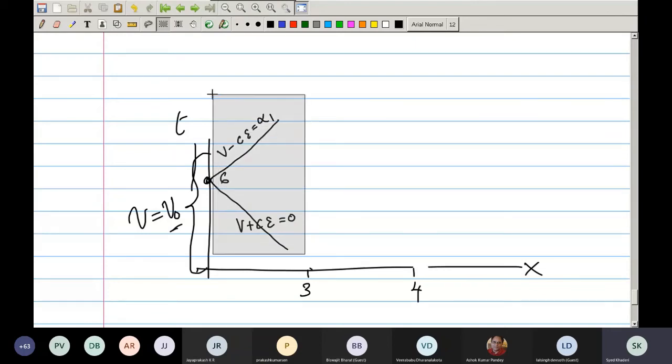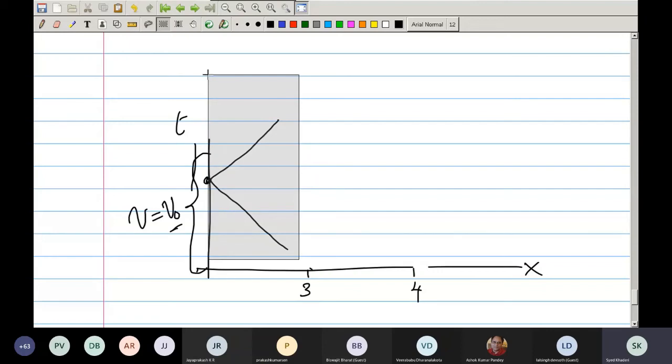I think we'll remove it for now. We'll bring it back if needed later. Okay, let it be. I'm not able to erase it. Fine. Now let's see what happens.